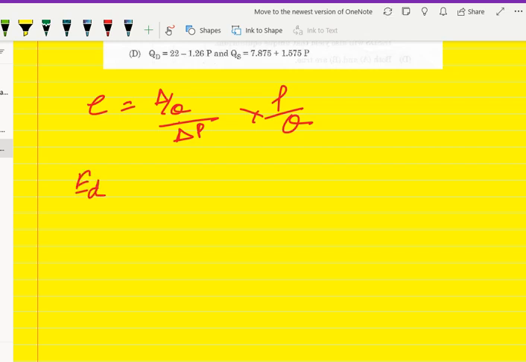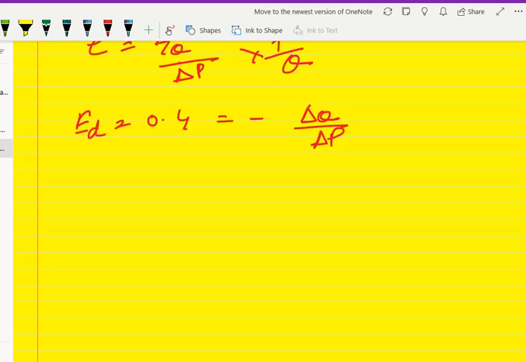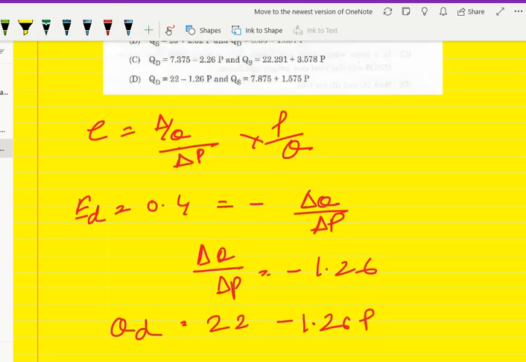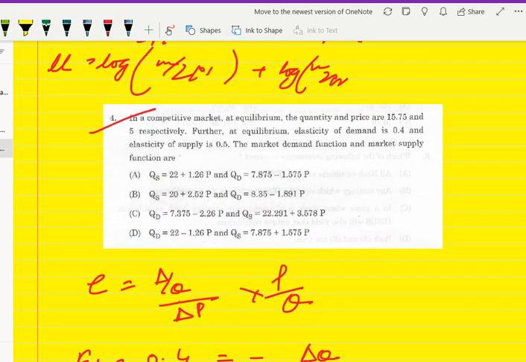For elasticity of demand it is 0.4, that is negative of del Q by del P times P by Q. Solving del Q with respect to del P gives minus 1.26, so Q will be 22 minus 1.26P, right?